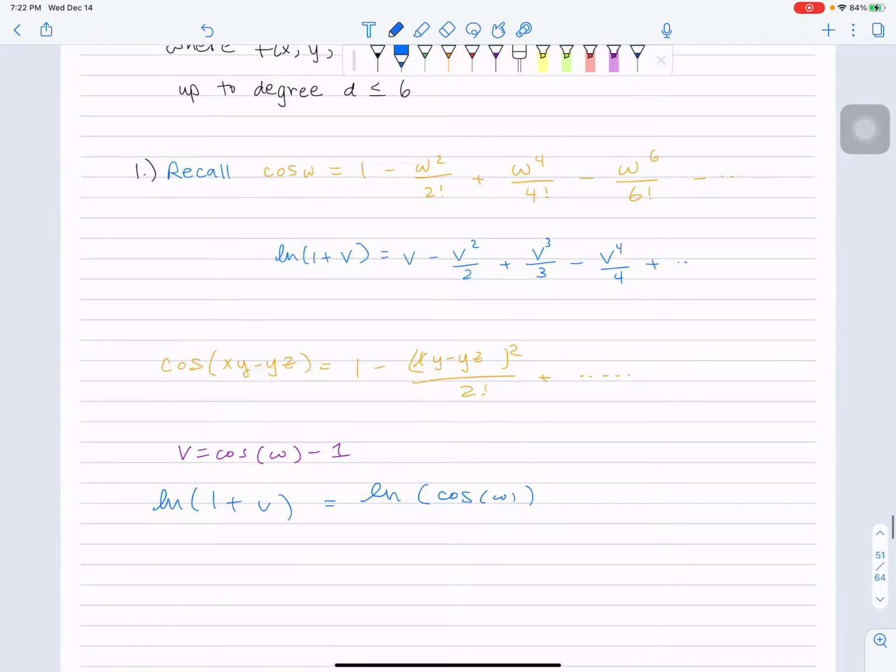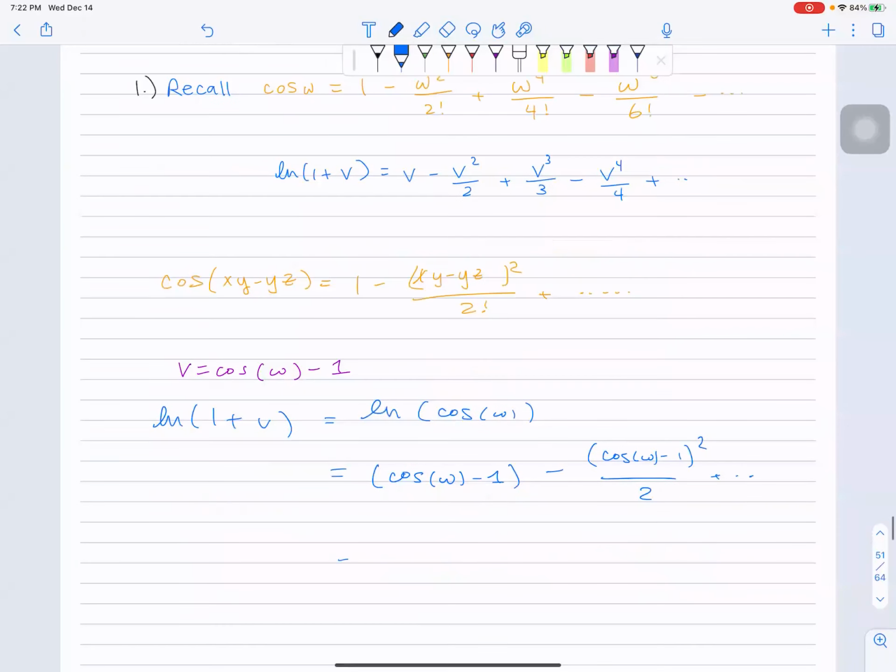And so natural log of cosine w, what is that? I can follow the natural log formula, which says it's v, in other words cosine w minus 1, that's my v, minus v squared over 2, where v is cosine w minus 1, plus dot dot dot. And now for each of the cosine w's, what were those? Those were the orange thing, cosine of the complicated thing.